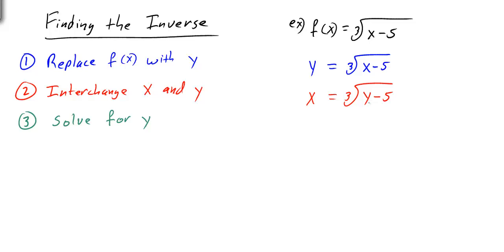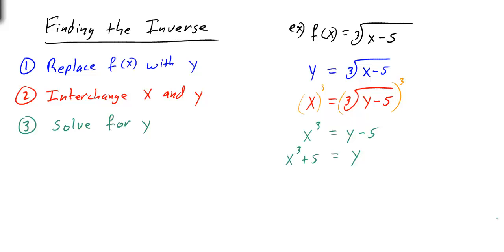So over here, to solve this equation for y, we need to get rid of the cube root. We need to cube both sides of the equation. So we would end up with x cubed equals y minus 5. And then from here, we would end up with y equals x cubed plus 5. We would simply add 5 to both sides.